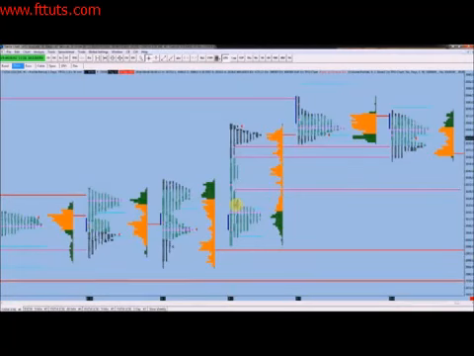Now, of course, because we had found balance, it was never going to turn into a trend day. Only one of two things on that day could happen: triple distribution or double distribution. Can't turn into a trend day because it's already found balance. A trend day has to have started at the beginning of the day. You know a trend day, the low's at the extreme, and we've shifted quickly.